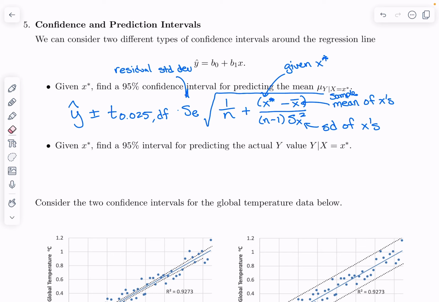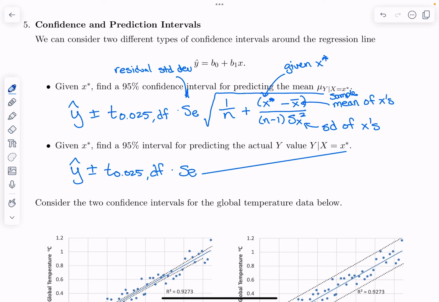That interval is given by y hat plus or minus t 0.025 degrees of freedom times residual standard deviation. So it looks very familiar already. In fact, it's going to look very similar.